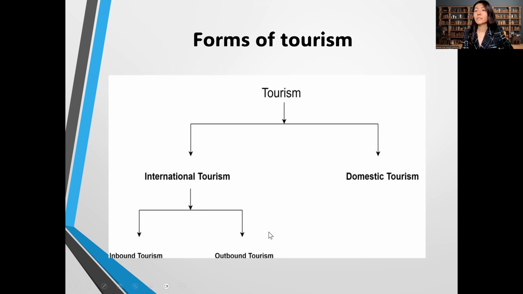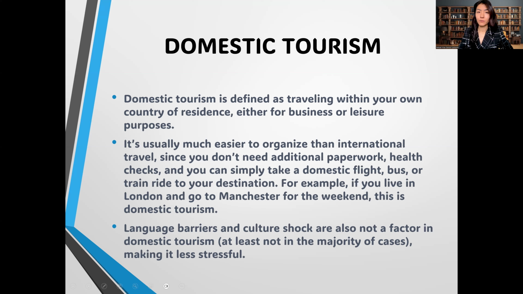Outbound tourism is when Chinese people travel around the world. That's why it's really important to know. But sometimes some researchers will divide even domestic tourism into groups, as I said before, inbound and outbound.